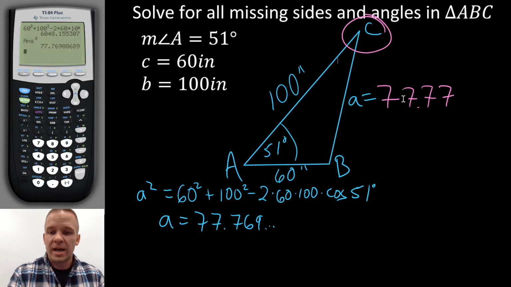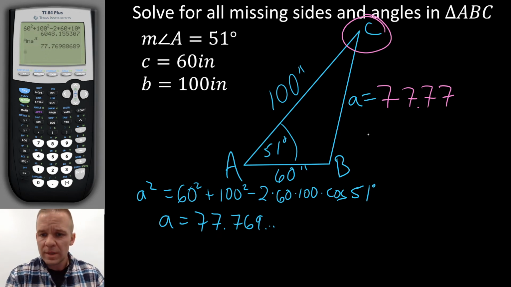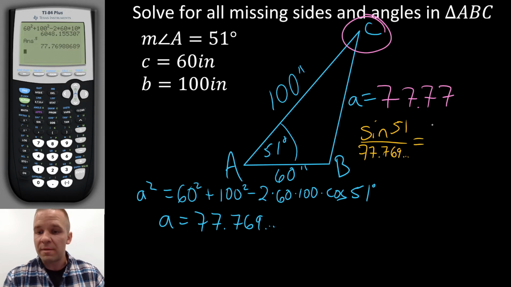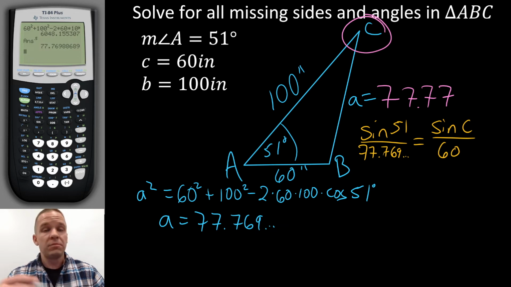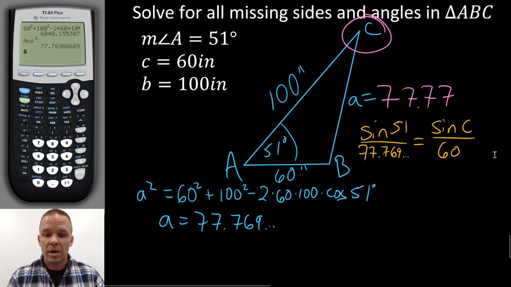So I'm going to set up law of sines now. I'm going to have sine of angle A, which is 51, divided by that 77.769 dot dot dot, equals the sine of C divided by 60 inches. That one's an easy one. All right. We're going to cross multiply and solve.